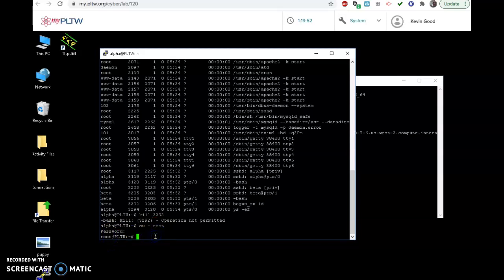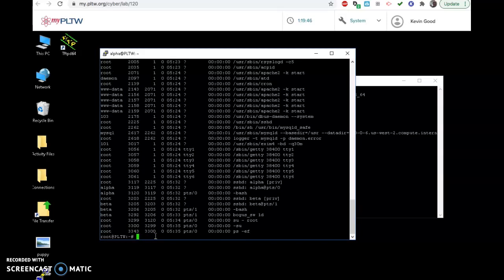So if I do this, I can still type in ps -ef, and there's more stuff going on, but I can still find that bogus process. So I want to kill this one. So now when I go in and kill it, I go kill 3292.